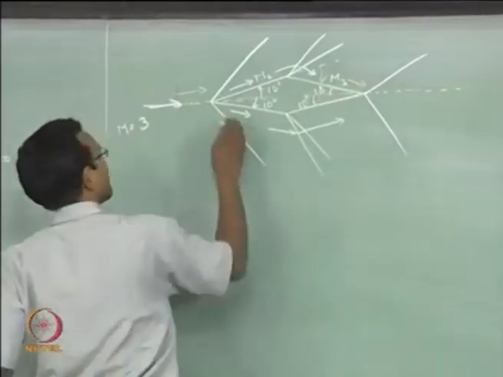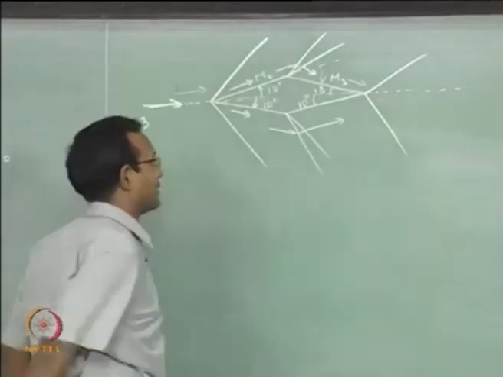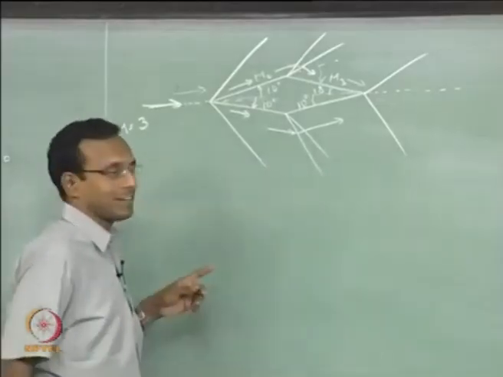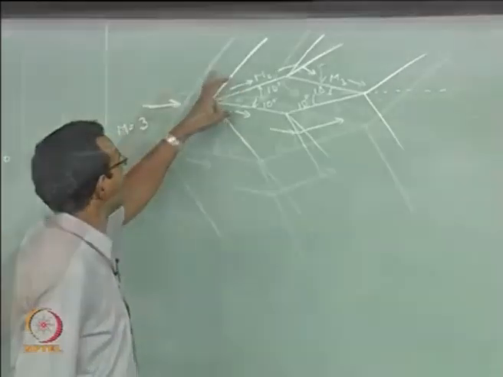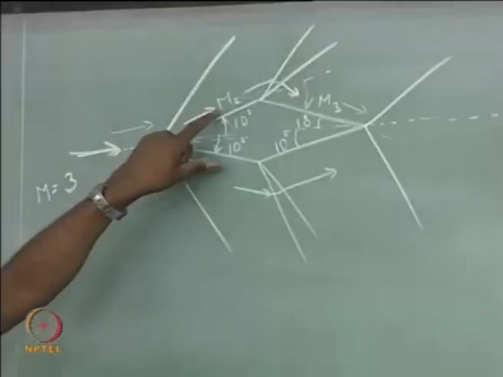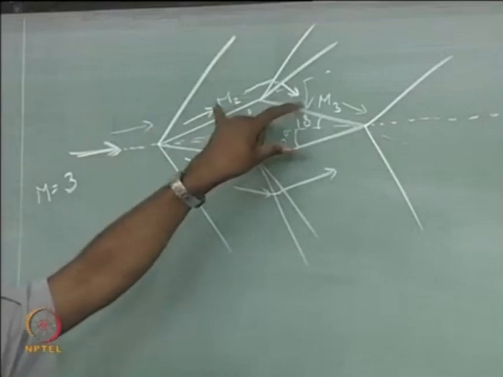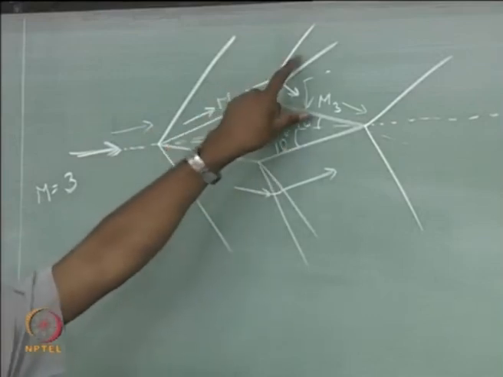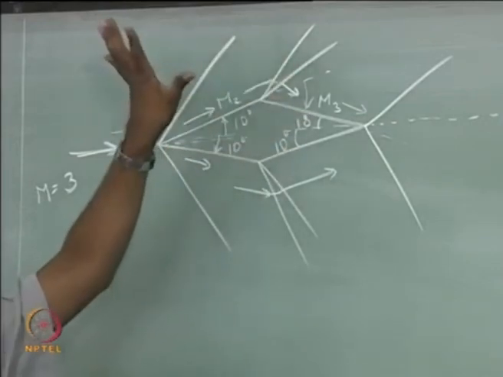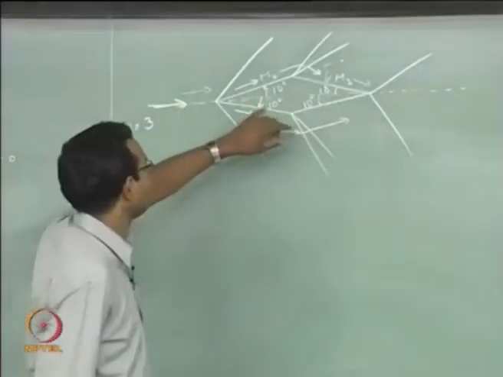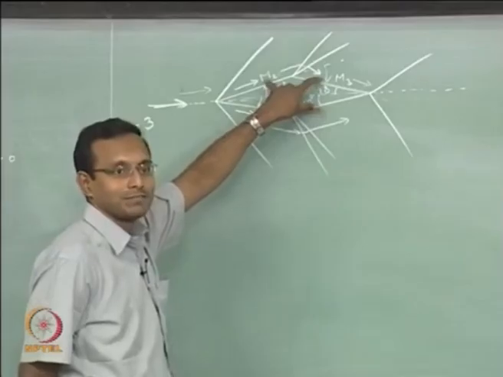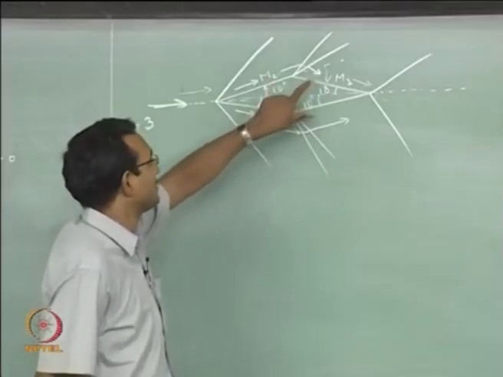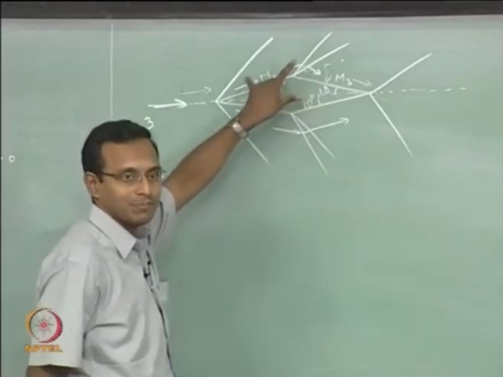Lift is a force going upward, drag is going along the flow direction. So, will it have a drag? It should have a drag. Why? This pressure is higher than this pressure. Why? I am going from here to here through an expansion. Simple enough logic, that is enough to show this. Okay. From here to here I have gone expanding 2 to 3, which means pressure 3 is less than pressure 2.